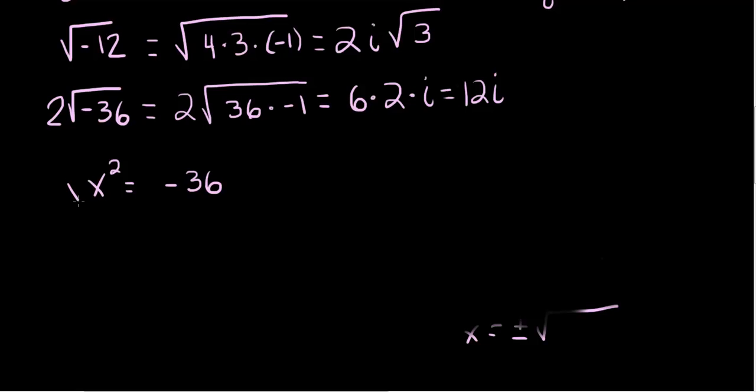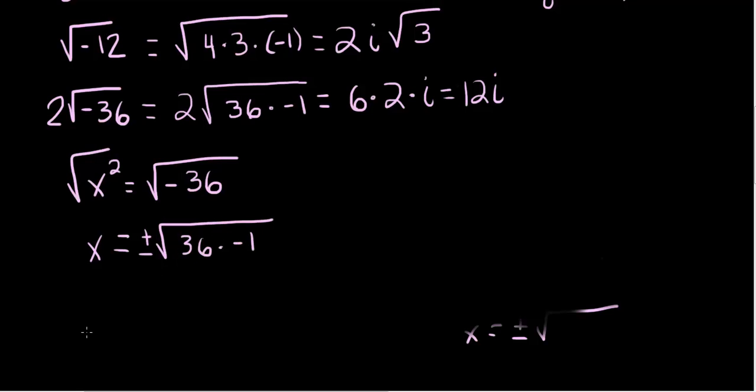Well, I need to square root both sides because I'm looking for x. So when I square root both sides, I will have x equals plus minus the square root of 36 times -1. Well, the square root of 36, we know that is 6. And then the square root of -1 is i. So then that will be the answer.